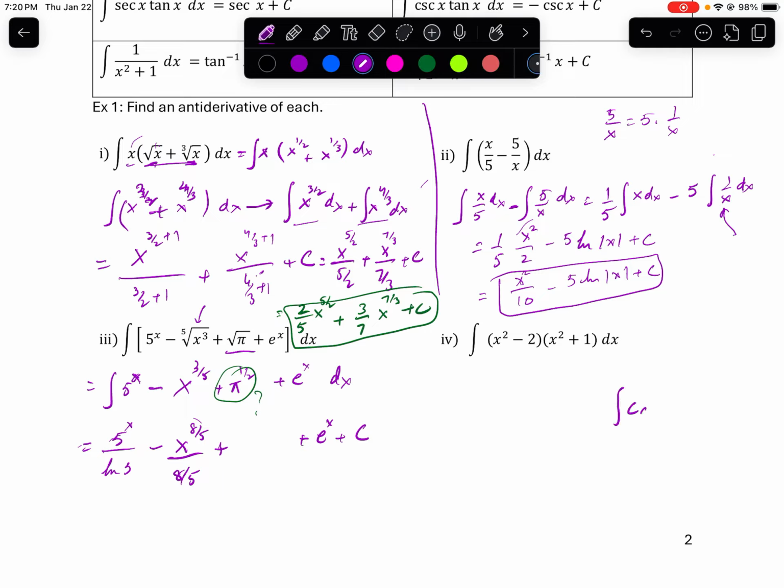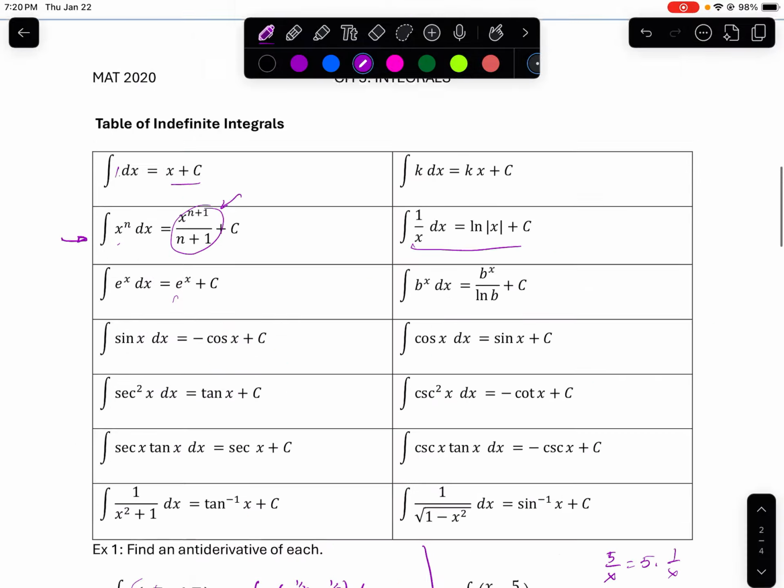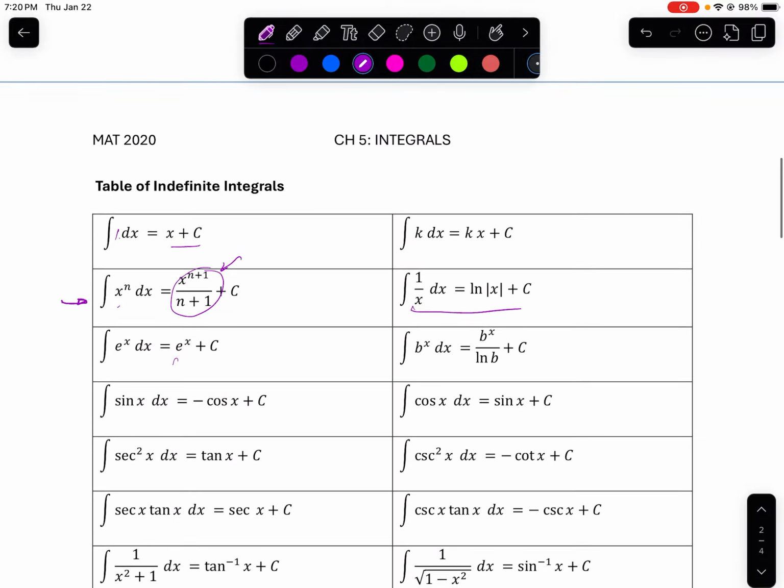If you have k dx, this gives you k times x. Why? Because 1 dx is x, so you can pull the k out. So this will become k into 1 dx. So this gives you x, so kx.